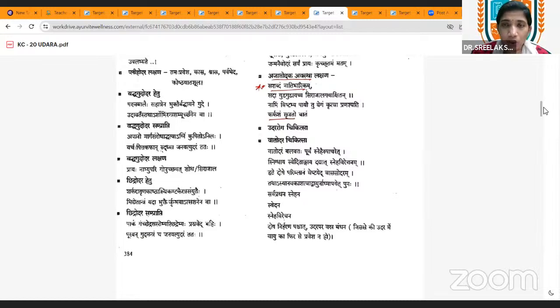And Panchakola Ghritam, Nagara Ghritam, Chitraka Ghritam are indicated in the Udara. So Nagara, Panchakola, and Chitraka Ghritam. And Padoladi Churna, Narayana Churna. What are the Ghritas mentioned in Udara Chikitsa? Nagaram, Panchakolam, and Chitraka. Okay, these are of 1-star importance.